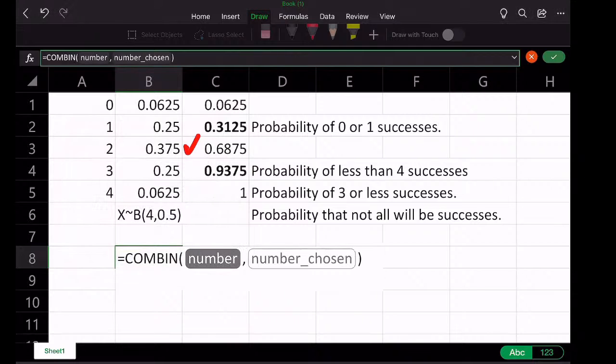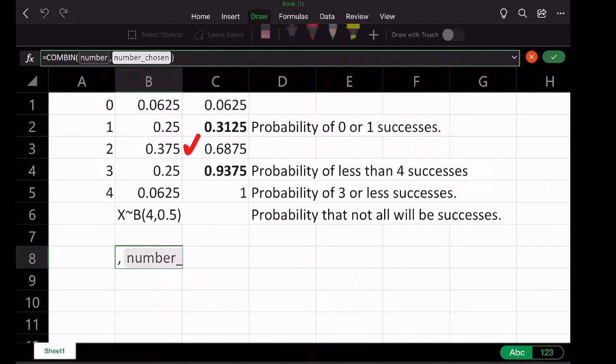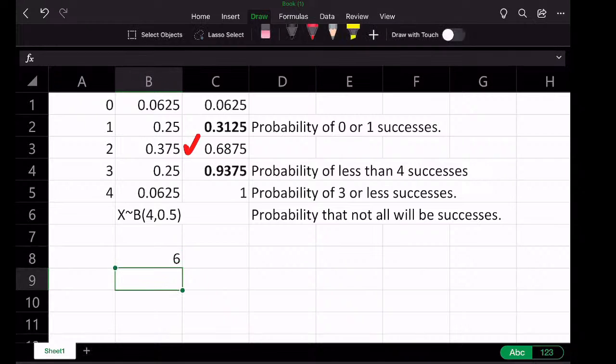Oh, and it tells me how to enter the formula, number and number chosen. So if I put 4, oh, look at that. So that's going to put 4, choose 2, 6. You see? So you have it in Excel as well. Would you like me to do that again?